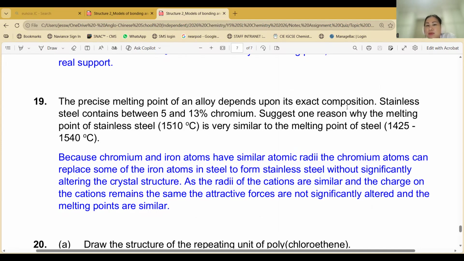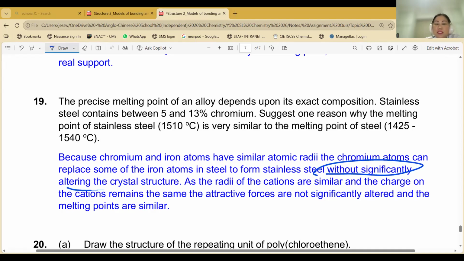But in this case, because they are very similar, we expect that the lattice structure was not significantly altered. There was not much change to the structure because the radii are quite similar and the charges are also quite similar. That's the best way to explain the data, because the data is telling us that they are going to be similar.